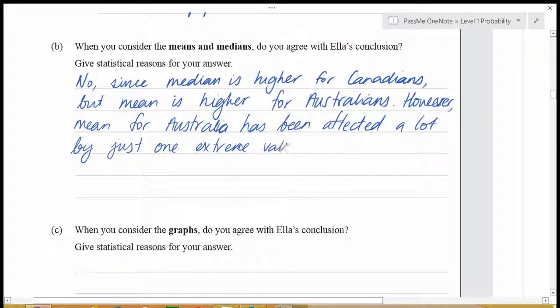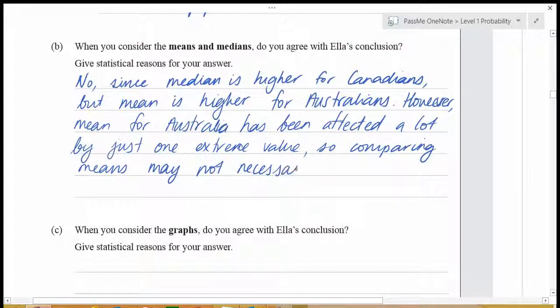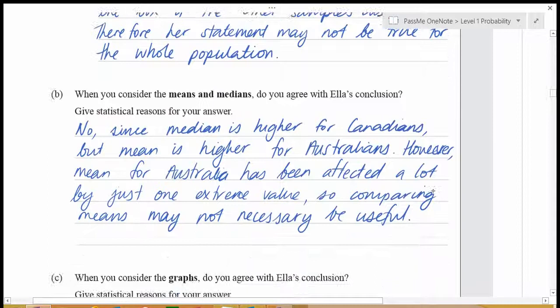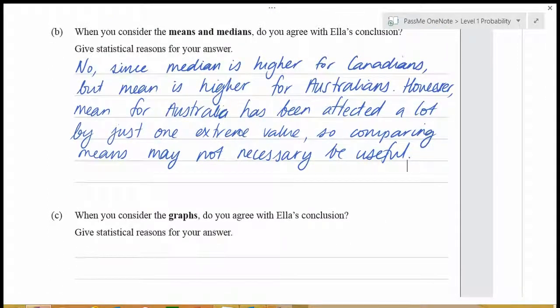Extreme value. So comparing means may not necessarily be useful. Okay, so you can see with each of these comments we're trying to go a little bit deeper than just answering the question straight up and putting some ideas in there. Some of your ideas may be different to mine. You just have to make sure that they're valid in some way.